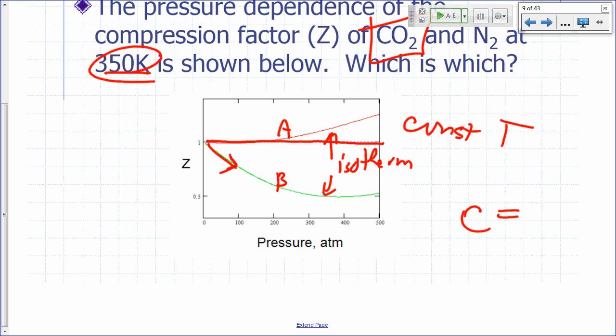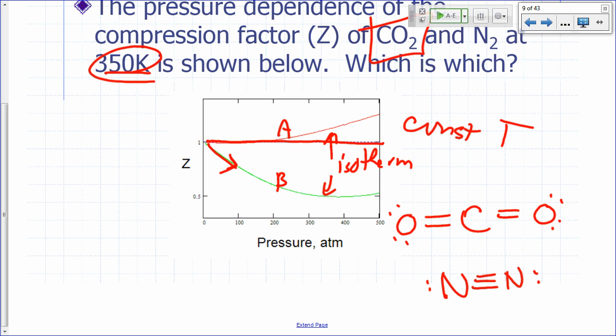Remember the Lewis structures for carbon dioxide and nitrogen? They're both nonpolar. So for nonpolar substances, what's the only type of intermolecular forces present?